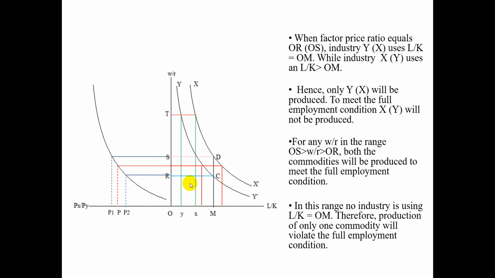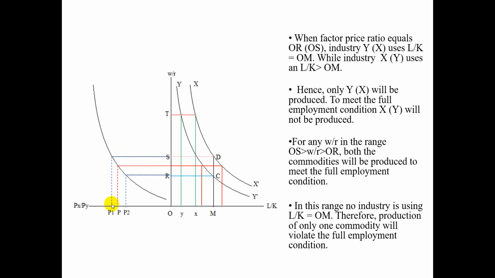So when the commodity price ratio is equal to P2, only Y will be produced. Now consider the wage rental ratio OS. At OS, if we consider this pink line, then the labor capital ratio used in industry X will be exactly OM. Then only X will be produced if the full employment condition is met, and no Y will be produced. Corresponding to this S, we get the commodity price ratio P1.